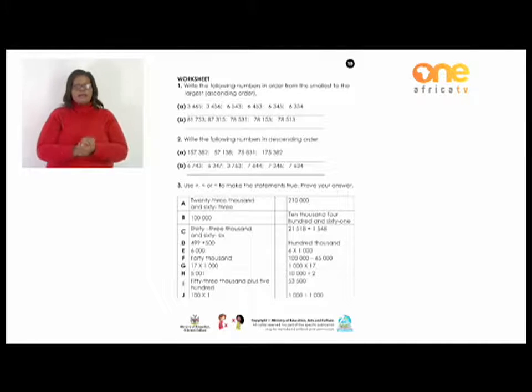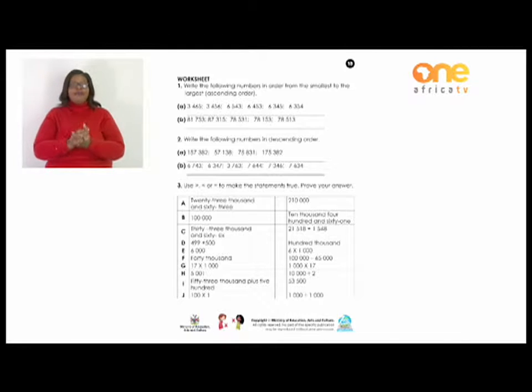For example, under A, it's 23,063. You must write that in numeric so that you can compare that with 210,000. So the column in the middle there should be reserved for the sign that you are going to put. Remember, the crocodile must eat what is big.